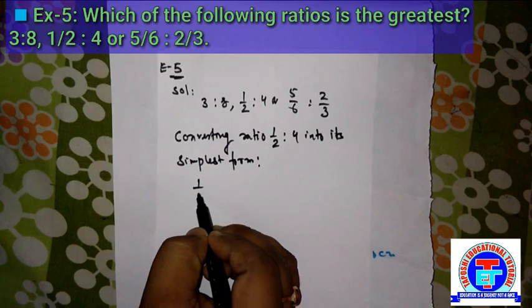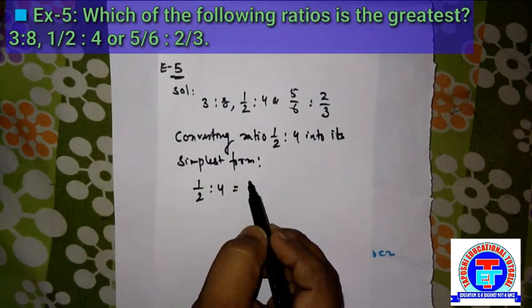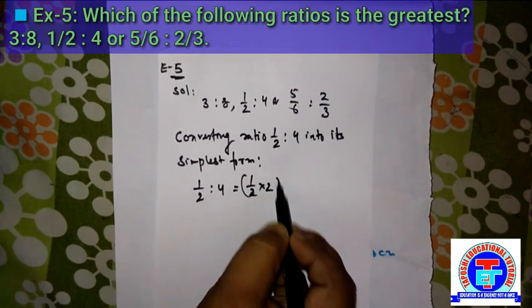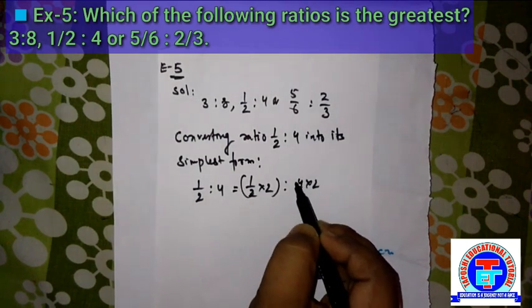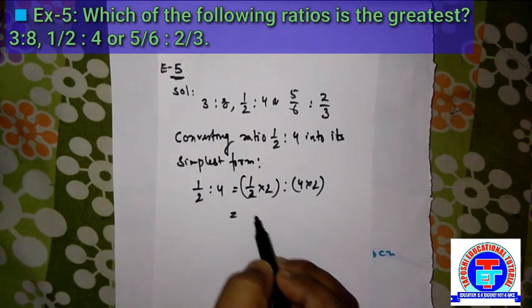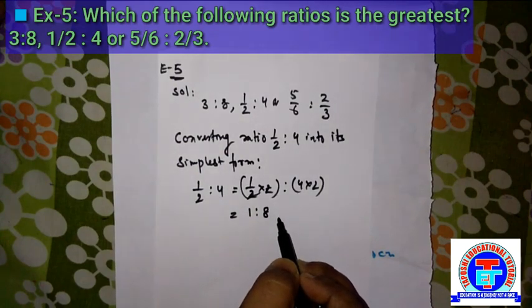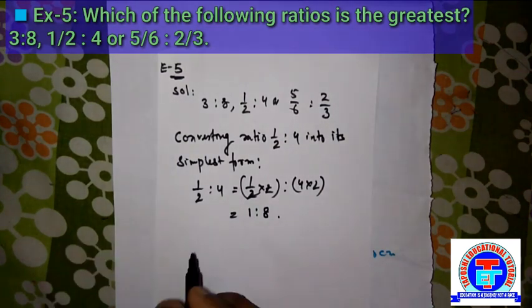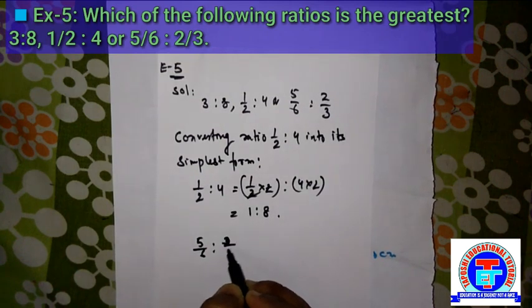So 1 by 2 is to 4. That means it will come 1 by 2 into 2, right, is to 4 into 2, correct. So that means this is 1 is to 8, correct. Now in the same way we convert the other ratio, 5 by 6 is to 2 by 3.